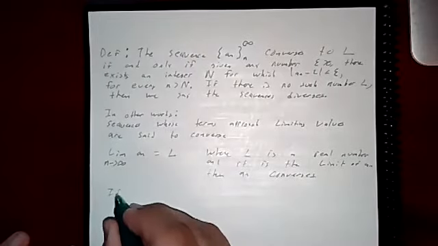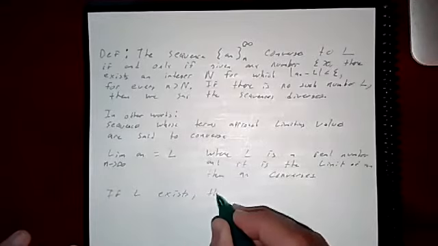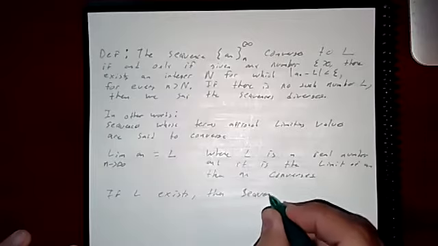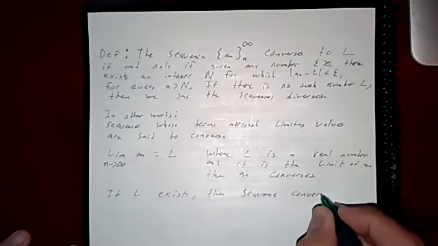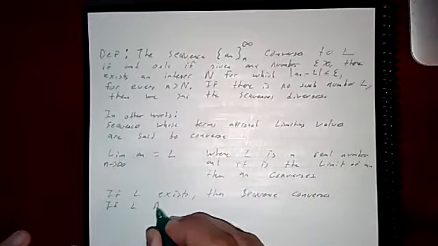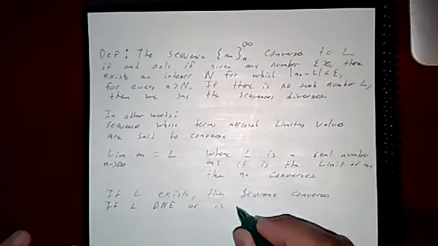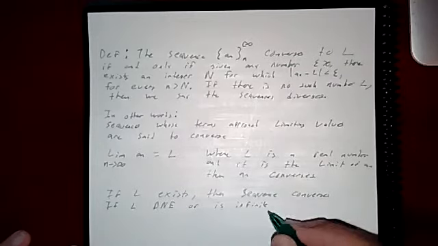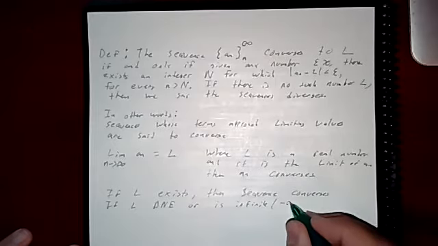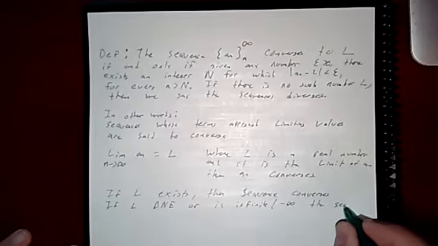So to keep it simple, if L exists, then the sequence converges. If L does not exist or is infinite or negative infinity, either way, the sequence diverges.